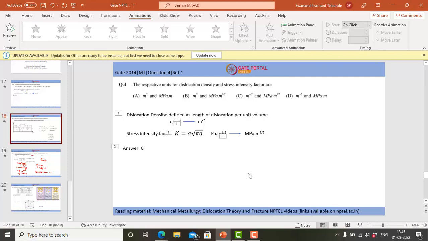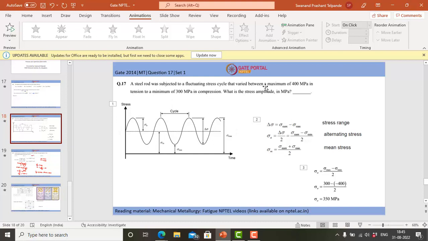And here in this question, you should read the question carefully. Every question you should read carefully. Here 400 MPa was in tension and 300 was in compression, so you need to know that this is minus 300, not 300.